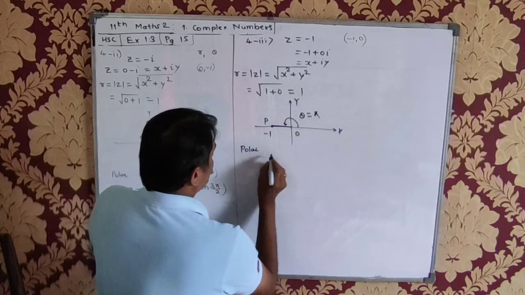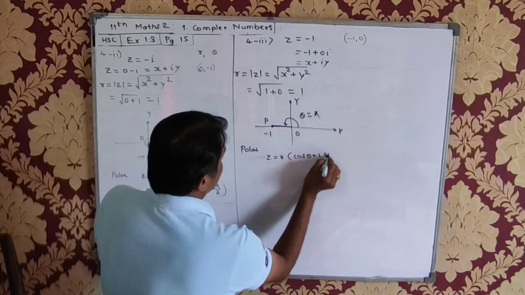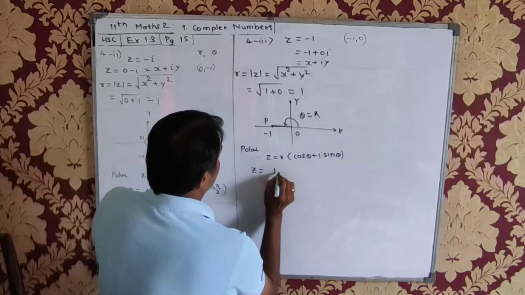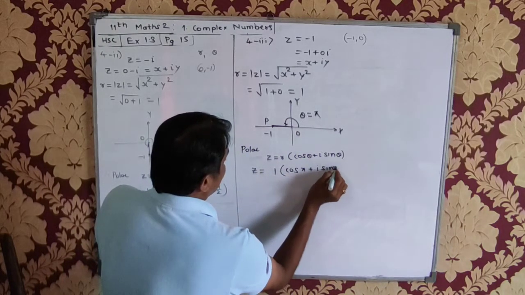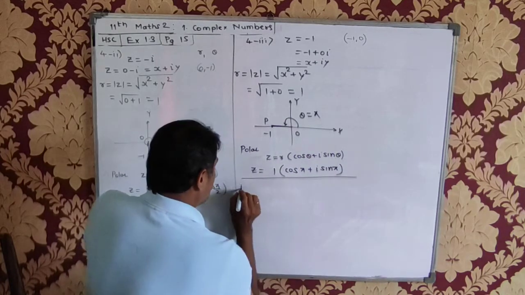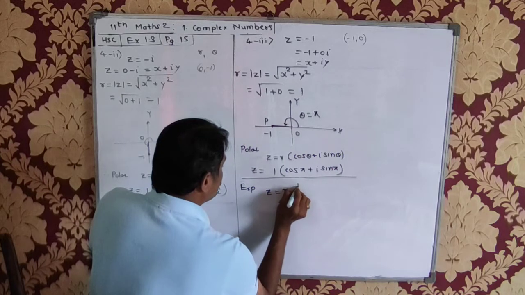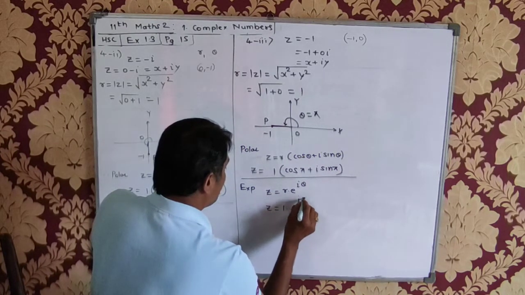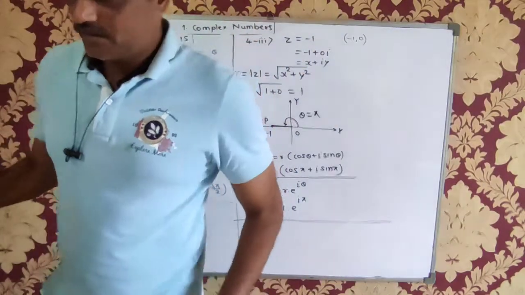Z is equal to R into cos theta plus I sin theta. That is Z is equal to R is 1, cos pi plus I times sin pi. And what is the exponential form? Z is equal to R into e raised to I theta. Z is equal to 1 e raised to I pi is the answer. Is that okay? Alright?